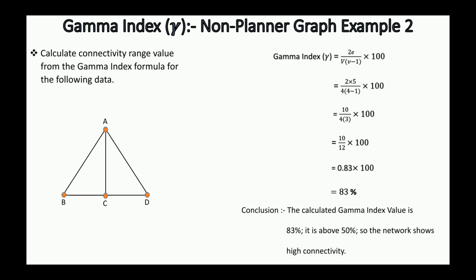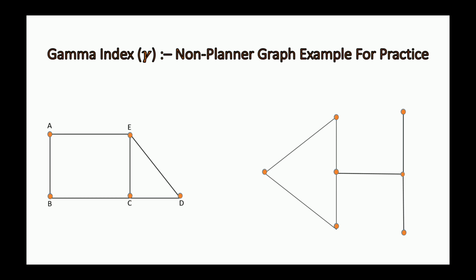So the conclusion is the calculated gamma index value is 83%. As per criteria, it is above 50%. So the network shows high connectivity. These are some examples of non-planar graph for your practice.